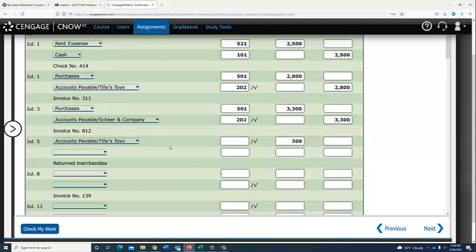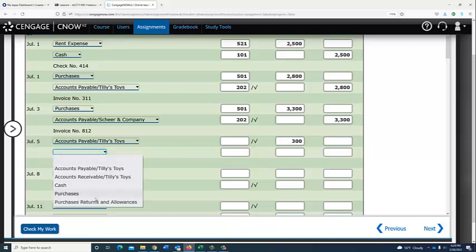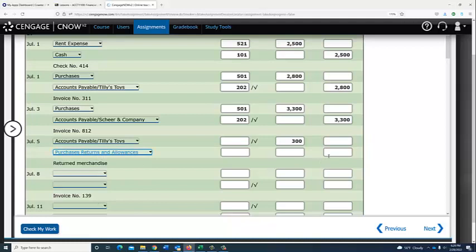That reduces the accounts payable or the amount owed to Tilly's. And then we're going to credit purchase returns and allowances. So remember, never mix your returns into your purchases account. They will always go into their special account, purchase returns and allowances.